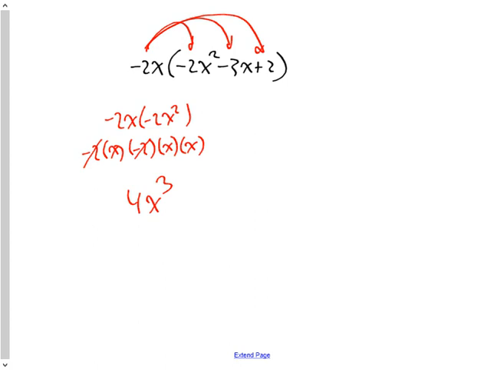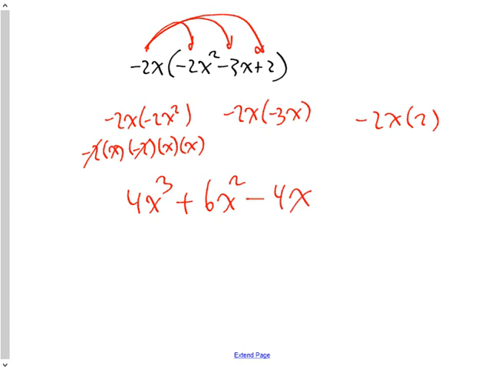Obviously, you don't do it that way every time, but the next one is -2x times -3x, which is a positive 6x squared. And -2x multiplied by 2 is -4x. You cannot gather like terms beyond there, because in order for you to add or subtract terms, they need to have the same variable and the same exponent, neither of which those 3 terms do.